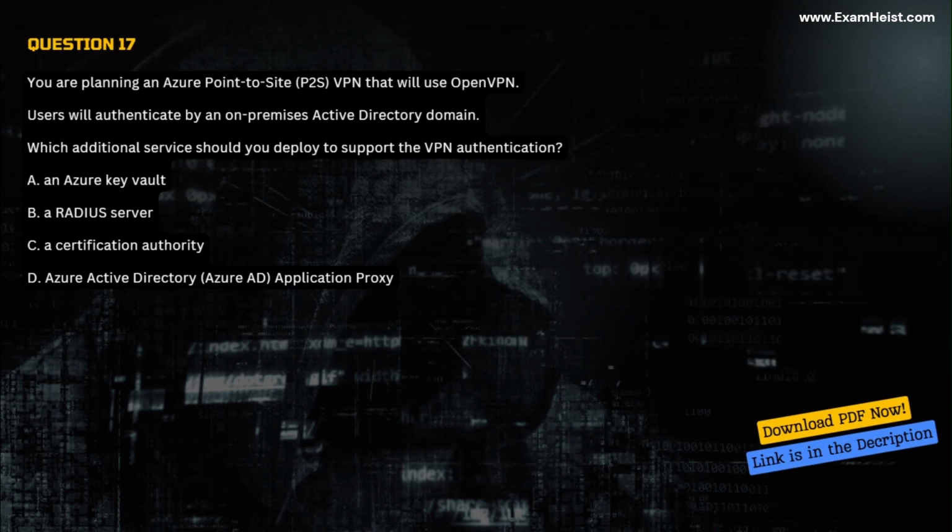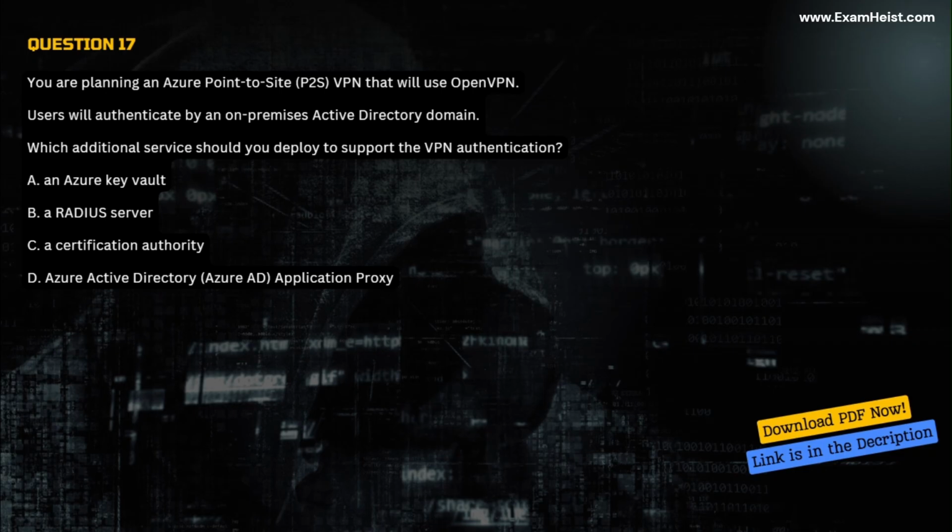Question 17. You are planning an Azure point-to-site (P2S) VPN that will use OpenVPN. Users will authenticate by an on-premises Active Directory domain. Which additional service should you deploy to support the VPN authentication? A. An Azure Key Vault. B. A Radius server.